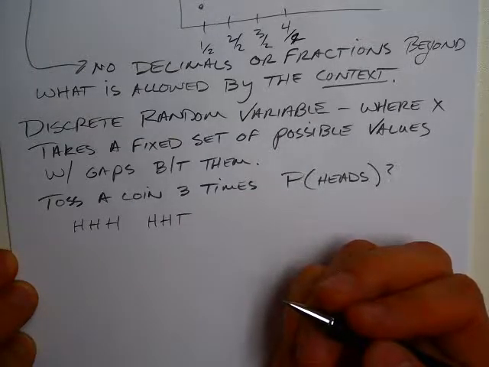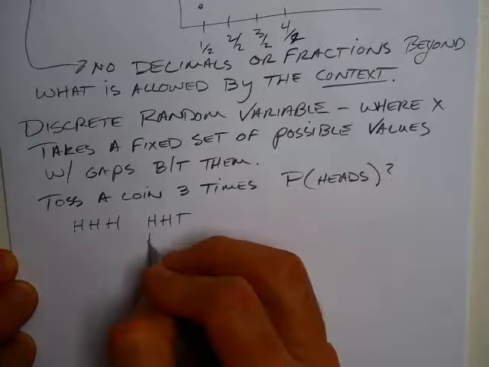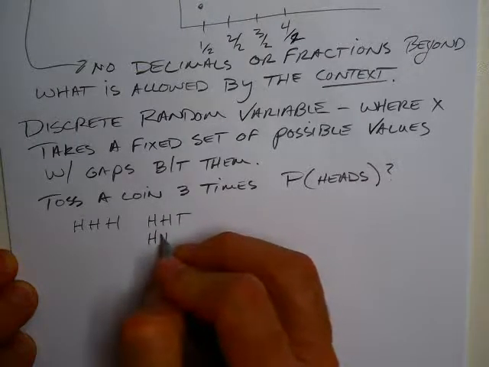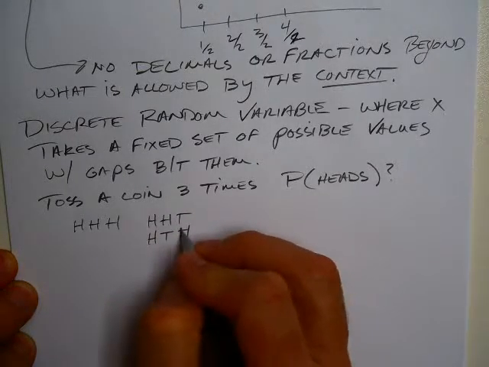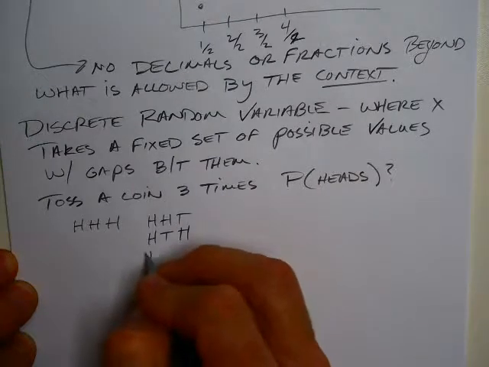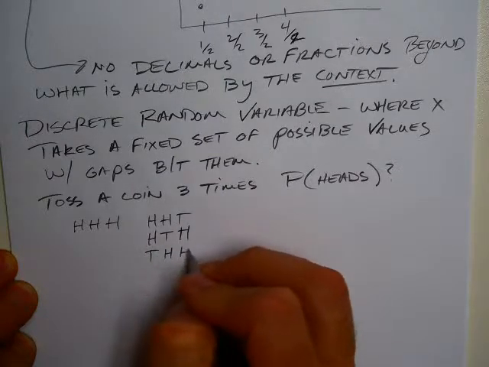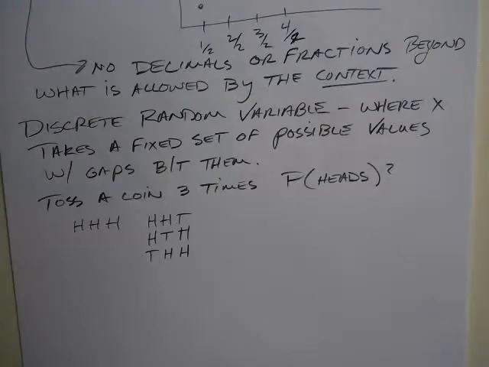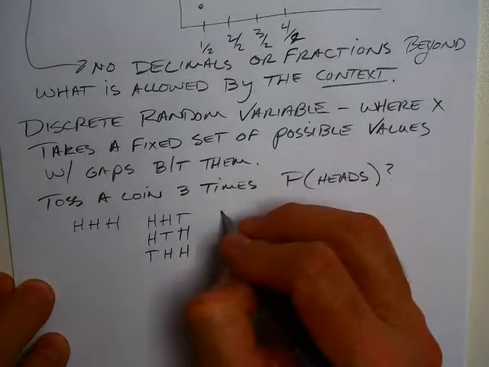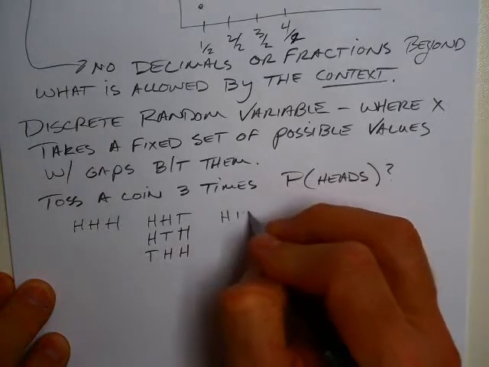But with coins, order is important. So possibly I could do a head, tail, and a head. Or I could toss a tail, a head, and a head. And that would be the list of all the possible ways that I could flip 3 coins and get 2 heads. Or I could flip 3 coins and get 1 head. So head, tail, tail.